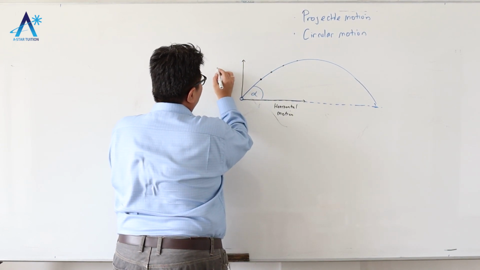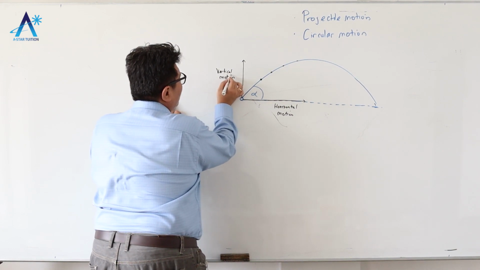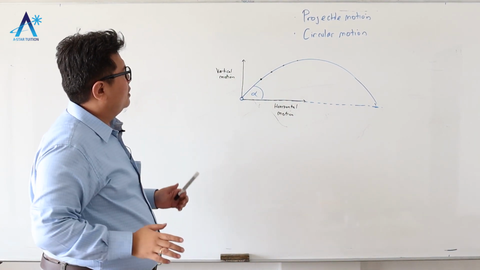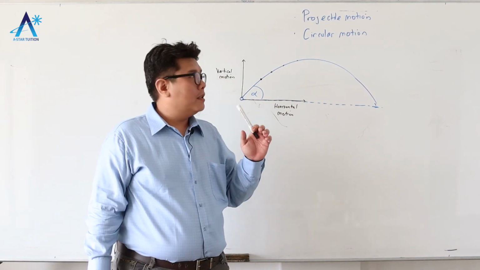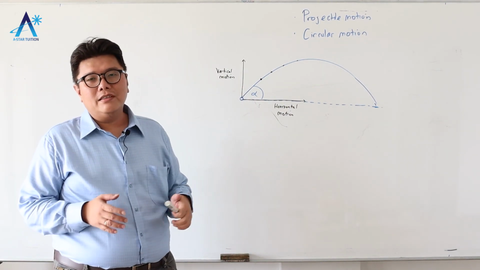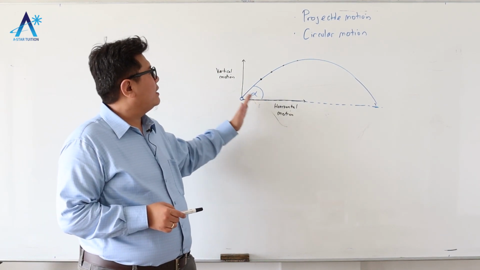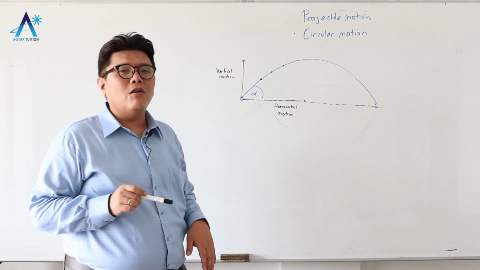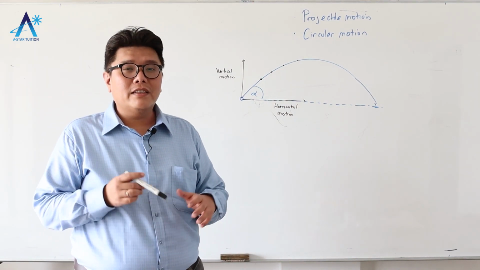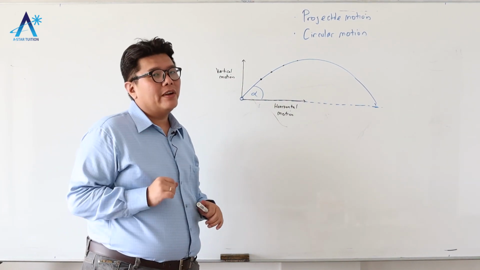This is the vertical motion. Even though the object itself moves concurrently in the horizontal and vertical directions, you can actually analyze the horizontal motion and the vertical motion separately. In fact, the only quantity that connects the two is the time variable.